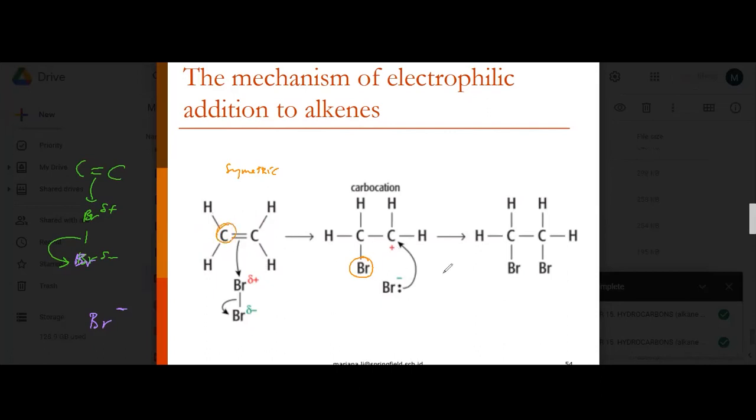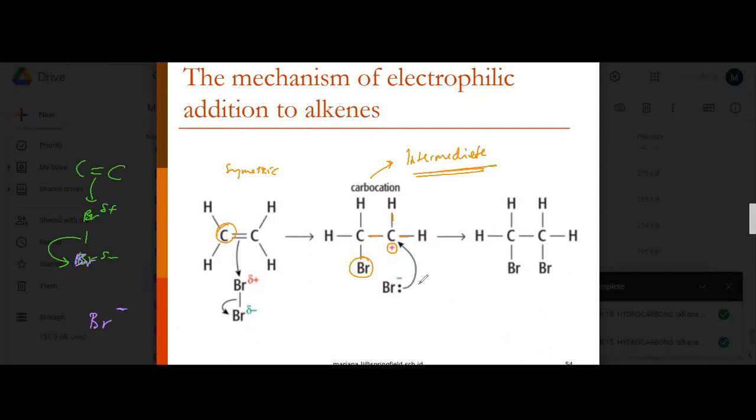So make this, and then since the double bond breaks, the next C only has three bonds, right? One, two, three. So this will have a positive charge, called a carbocation. This is the intermediate for the electrophilic addition reaction.